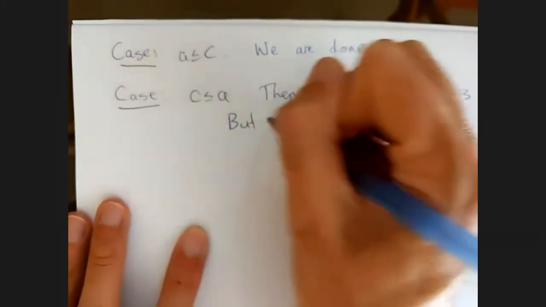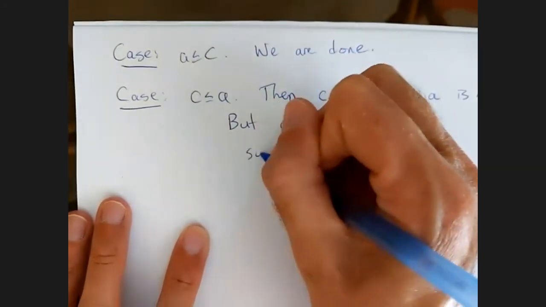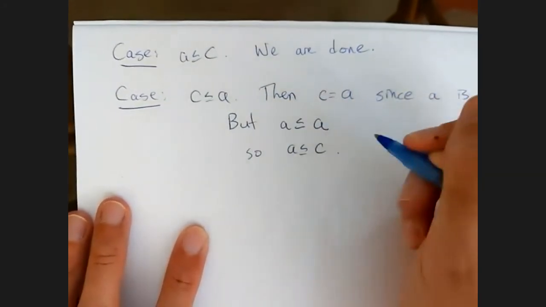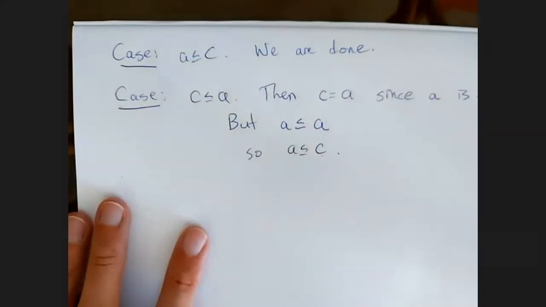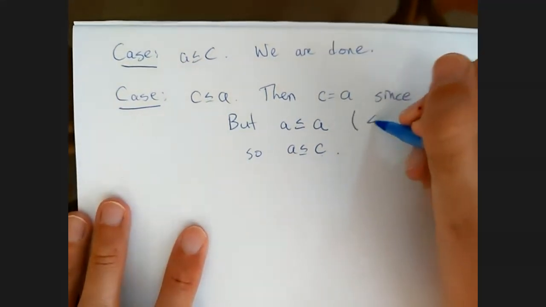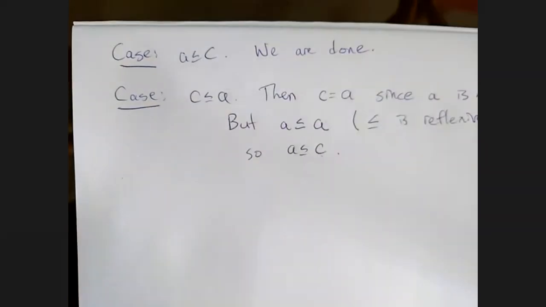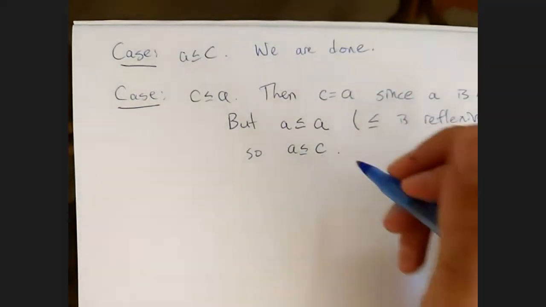But A is less than or equal to A, so A is less than or equal to C, because C and A are the same thing. And A is less than or equal to A since less than or equal to is reflexive. Okay, and we are done in this case.